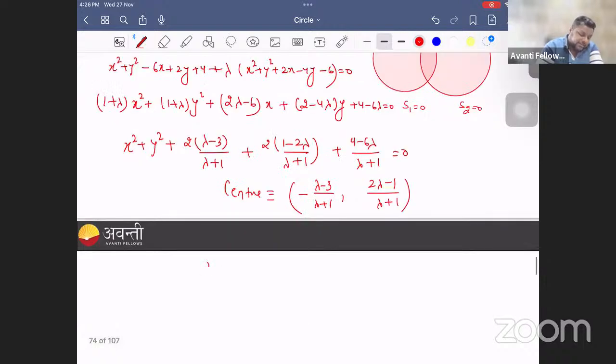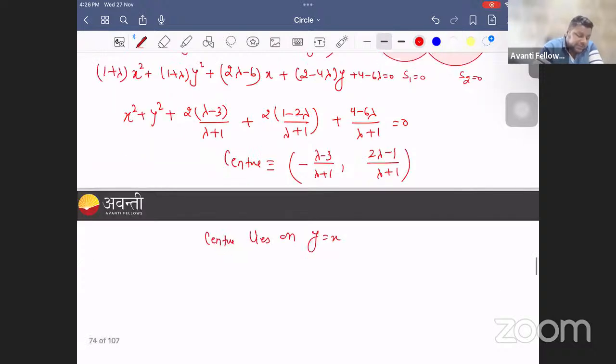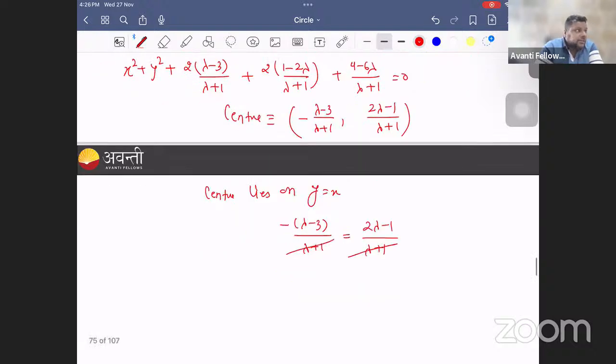Now they are saying its center lies on the line y equals x. So this center lies on y equals x. So make it lie on y equals x. So minus (lambda minus 3) upon (lambda plus 1) is (2 lambda minus 1) upon (lambda plus 1). Lambda plus 1 cancelled. So 3 lambda is equal to 4.